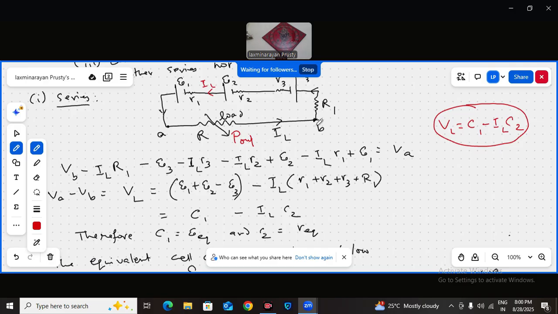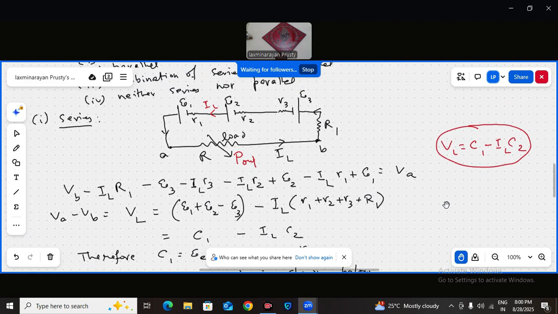So VB minus IL capital R1, and let us see as I go, minus E3, because I'm going from positive to negative pole of the cell.